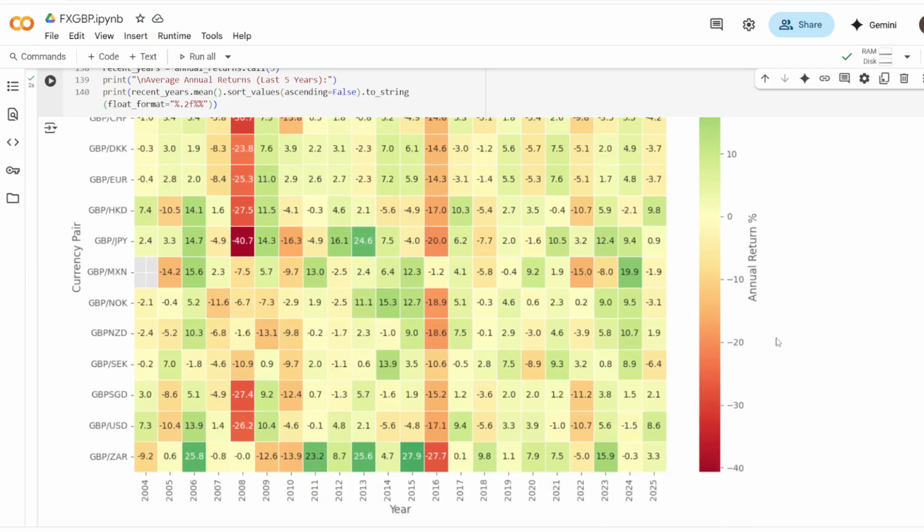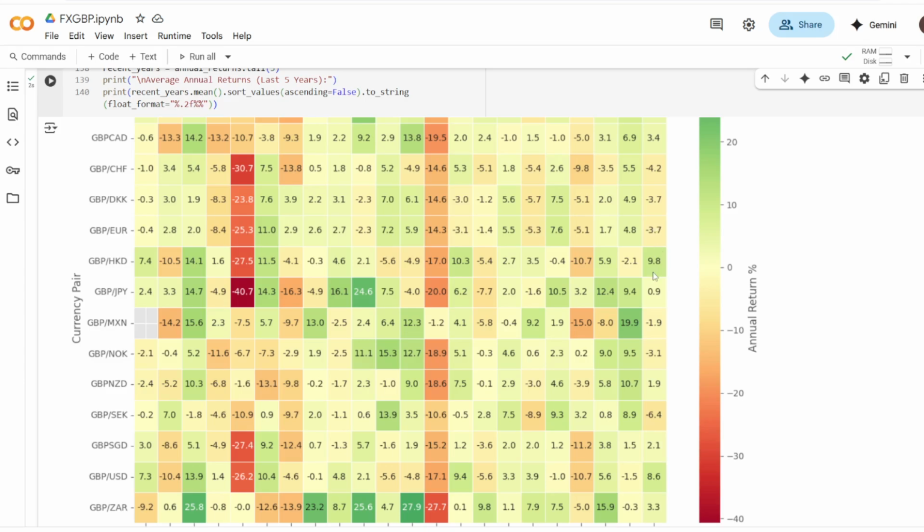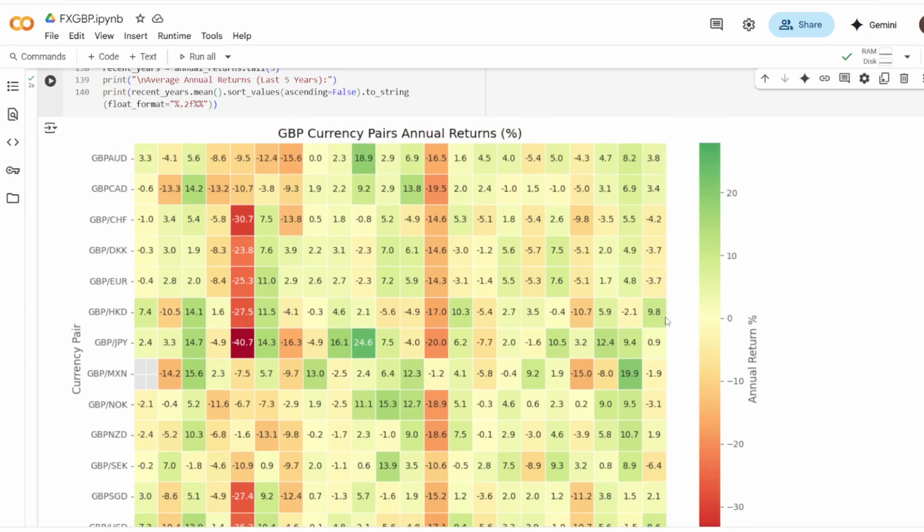So let's see, this year 2025, the outperforming pairs are pound dollar and pound Hong Kong dollar, respectively 8.6% up, 9.8%, almost 10%. The pound has appreciated over the Hong Kong dollar.